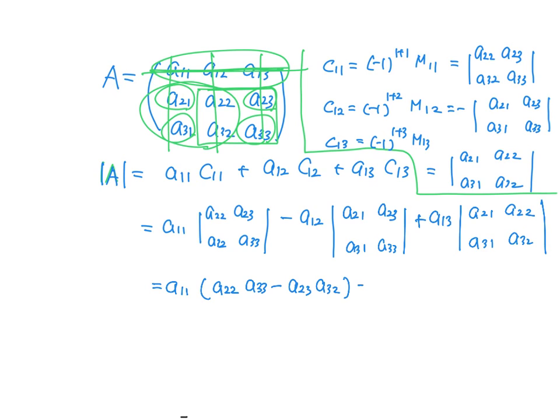And minus A12 times A21, A33 minus A23, A31, plus A13 times A21, A32 minus A22, A31. So how many terms do we have? You can count 1, 2, 3, 4, 5, 6 terms, right?